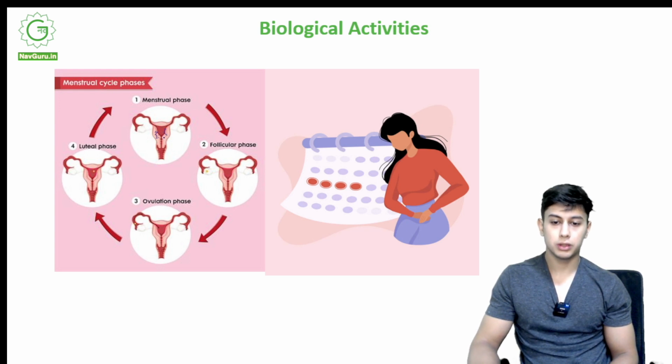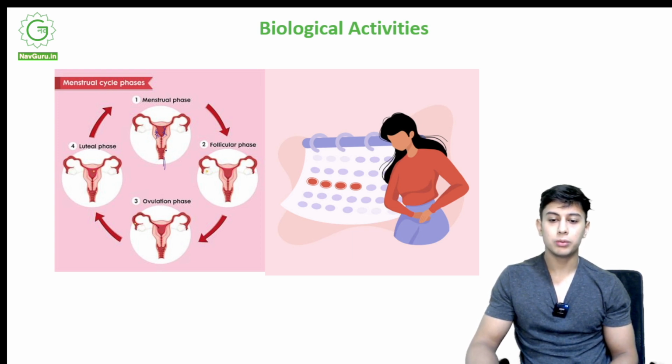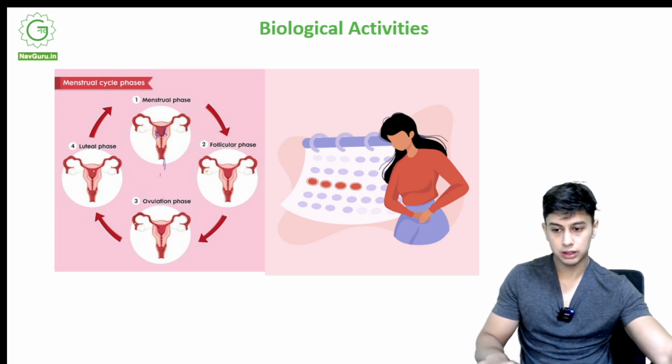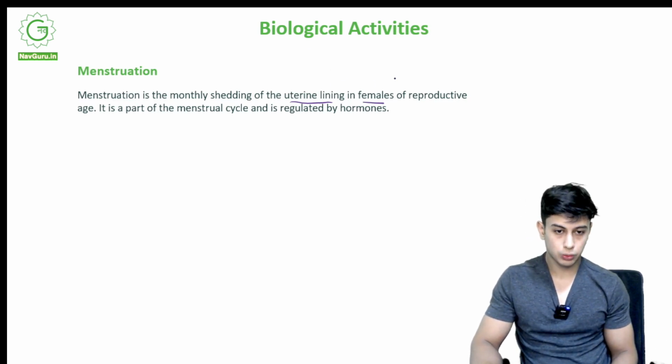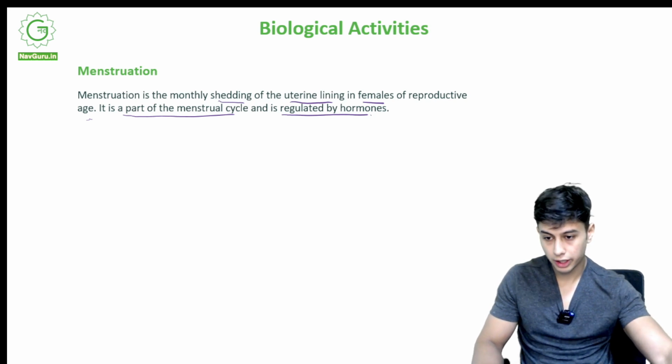Since there is no fertilization, this inner lining will shed and come out in the form of blood and mucus, because that egg needs to be released. This is a very natural process. The shedding of the uterine lining is part of the menstrual cycle and is regulated by hormones.